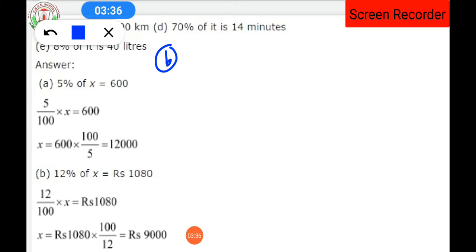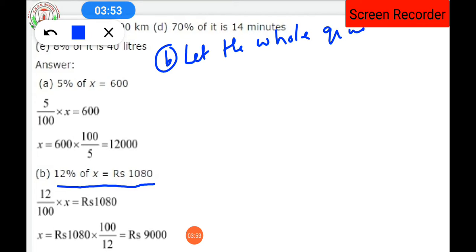In the B part of the question it is given that 12% of it is 1080, isn't it? So here let the whole quantity be x. We will consider it as x.